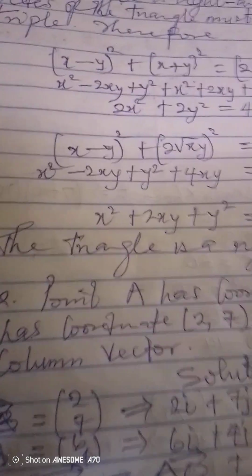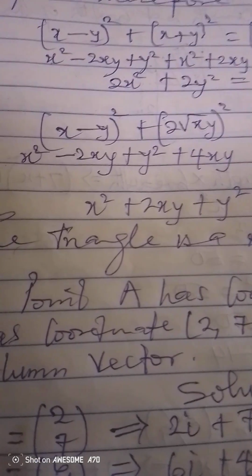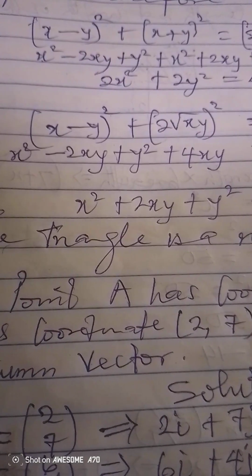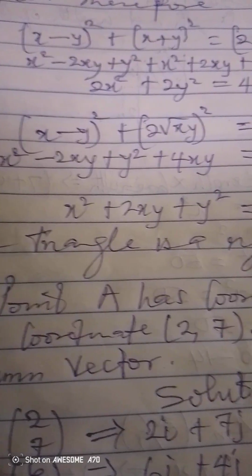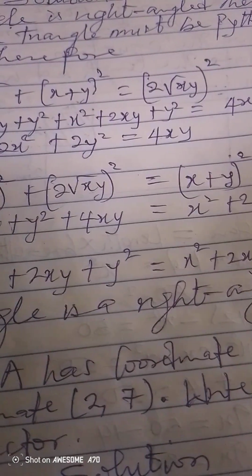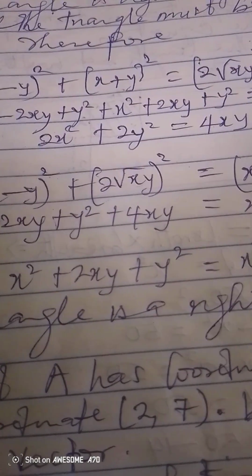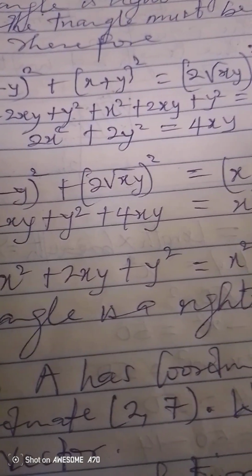If we simplify here, we have x squared minus 2xy plus 4xy plus y squared, which is x squared plus 2xy plus y squared. Since the two sides confirmed the Pythagoras theorem, the three sides of the triangle are a Pythagorean triple. The triangle is a right angled triangle.